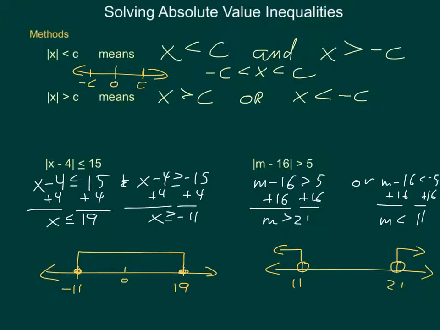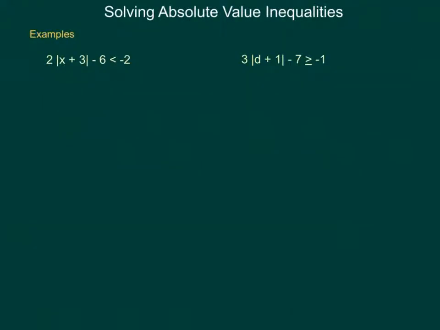Let's take a look at some others. 2 times the absolute value of x plus 3 minus 6 is less than negative 2. So, we have to go through our solving process. First item, do I see any subtraction or addition? Yes, I'm going to add 6 to each side.